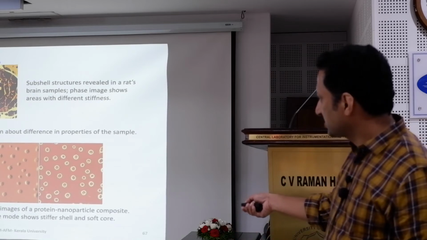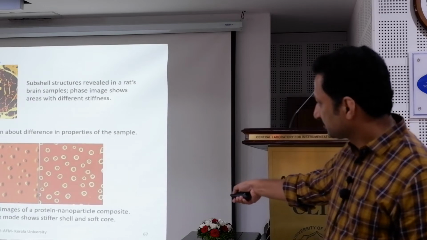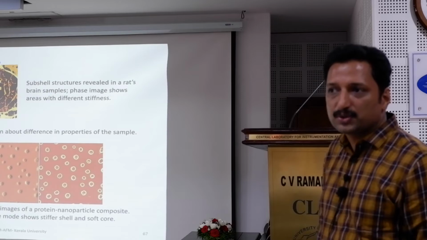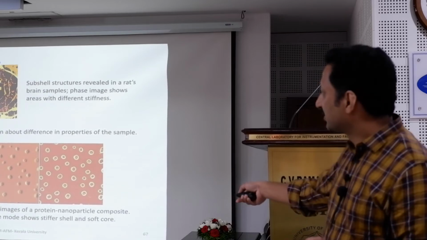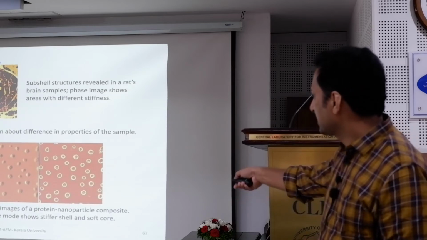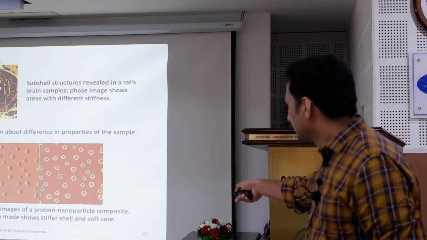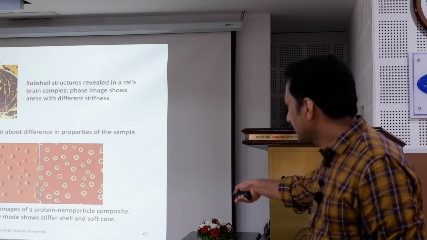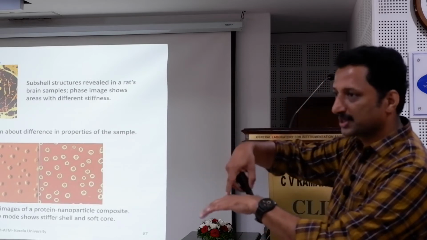So this gives you height image, and in height image you can actually see a line like this. Okay, that actually shows that you are scanning a little too fast. Okay, so why it is like that? What happens is that if it is scanning here, the feedback says that okay, you have to go up because there is a particle.